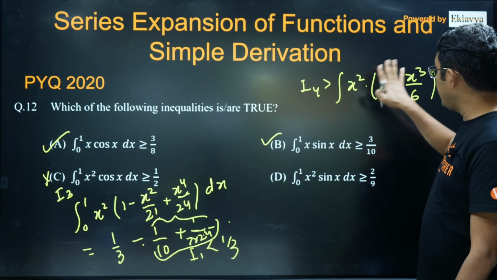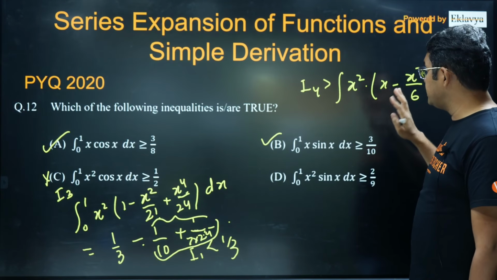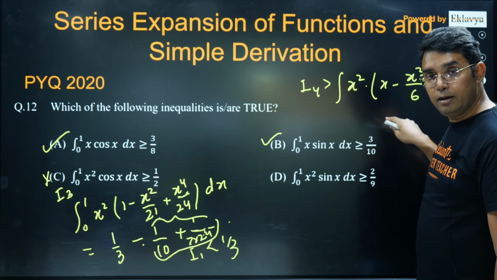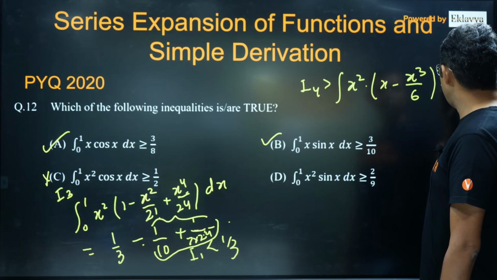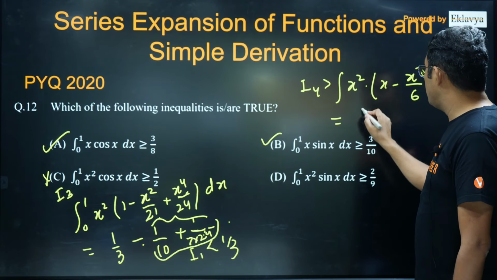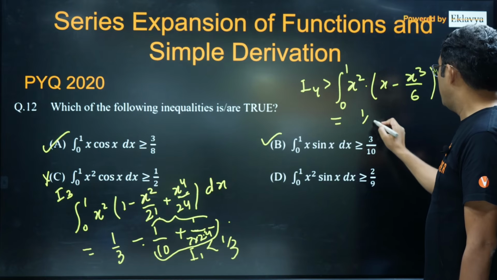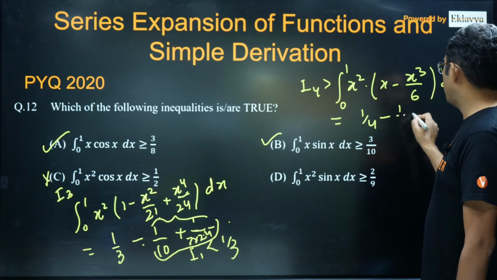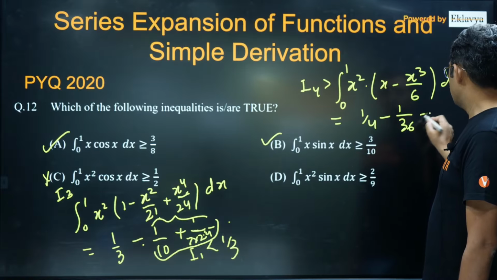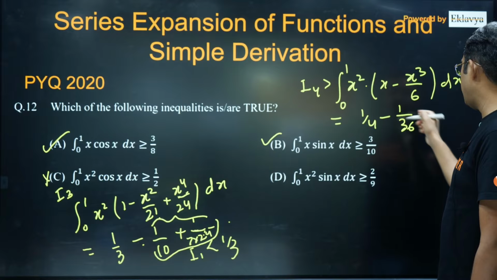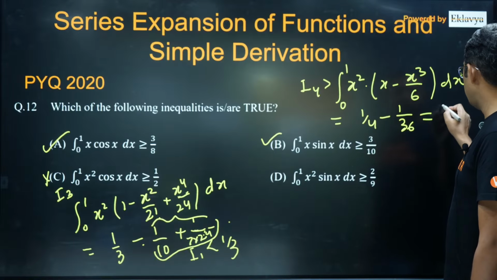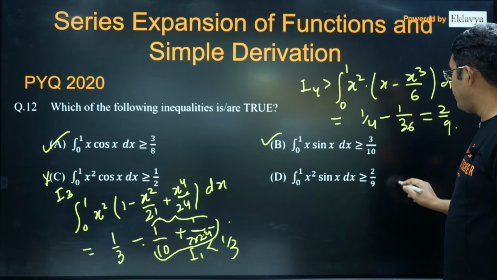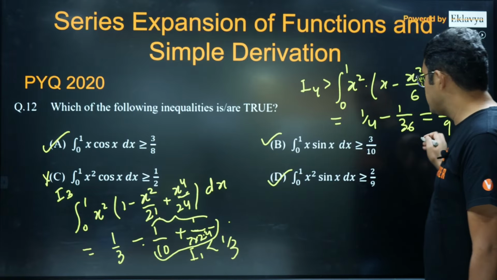When you are terminating at this end, when the next term is minus, then you can say it is less than. So that's the logic. I hope you understand this. So this will be equal to, because limit is from 0 to 1, 1 upon 4 minus 1 upon 36. If you take LCM 36, it is 9 minus 1, 8, 8 upon 36, which is 2 upon 9 only. So I4 is greater than 2 upon 9. So this is also correct.